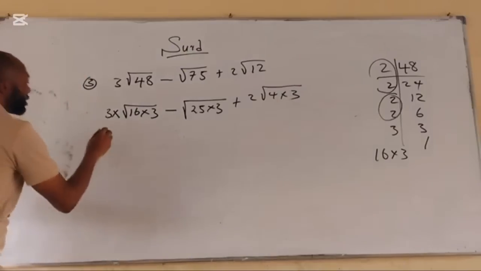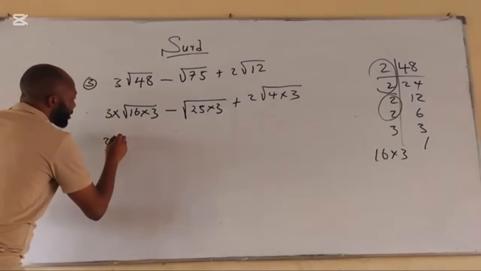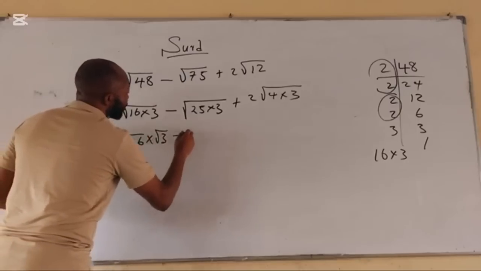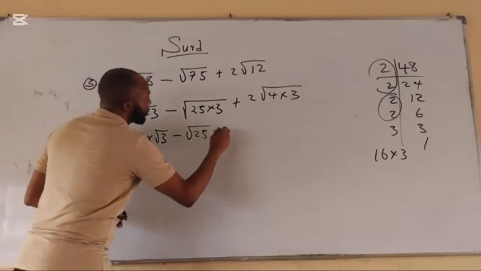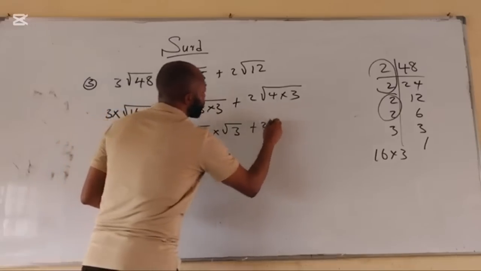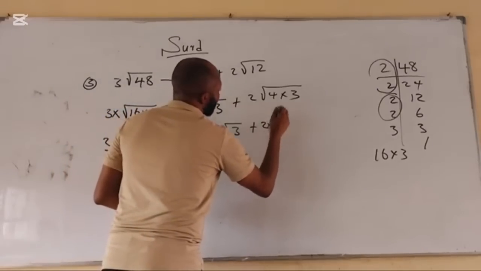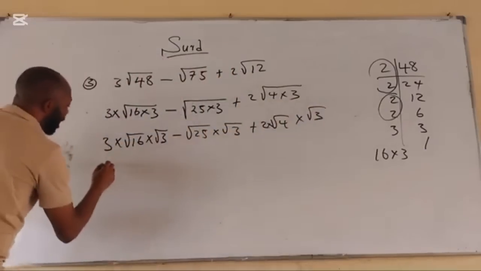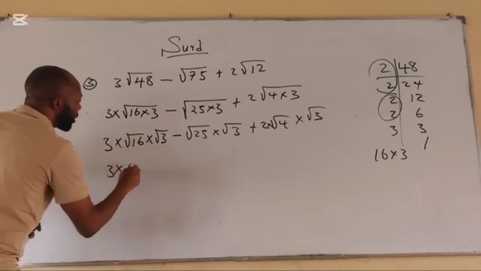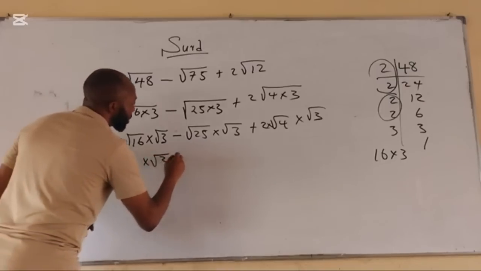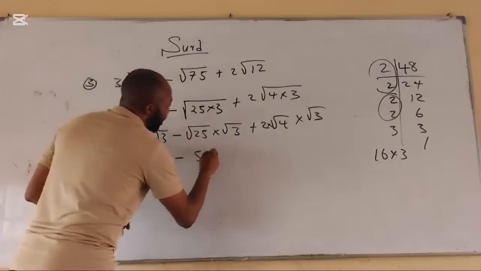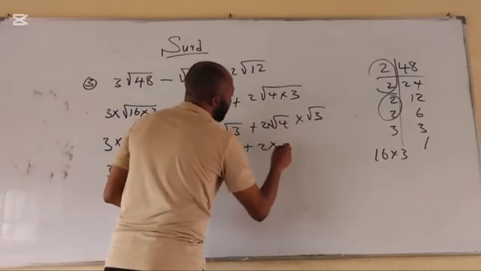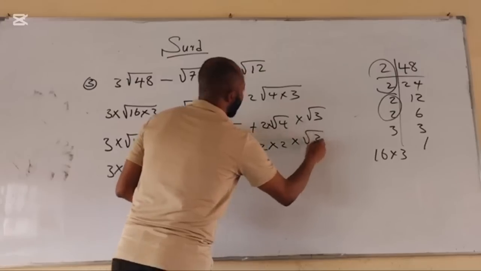So I break that down: 3 times root 16 times root 3 minus root 25 times root 3 plus 2 root 4 times root 3. So 3 times root 16 is 4 times root 3, minus root 25 is 5 times root 3, plus 2 times root 4 is 2 times root 3.